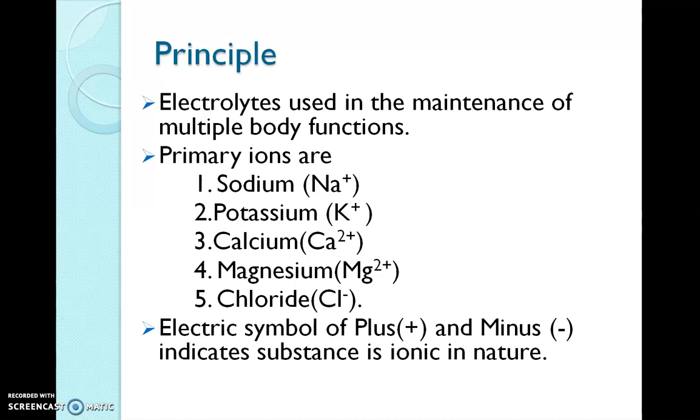The electric charge symbols of plus and minus indicated on these primary ions denote that the substance is ionic in nature and has an imbalanced distribution of electrons as a result of chemical dissociation.